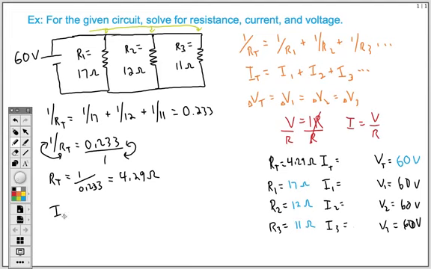So my total current is going to equal the total voltage divided by the total resistance, which we had solved for. So my total current comes out to be 13.9 amps. We can fill that in.